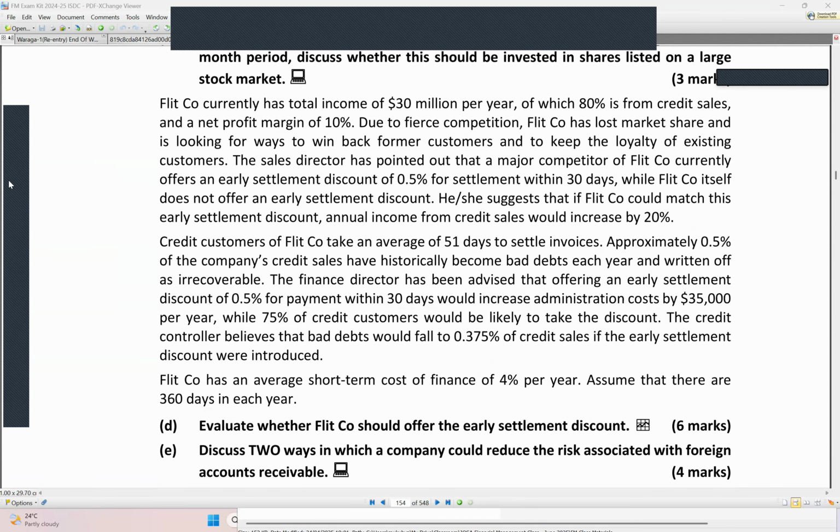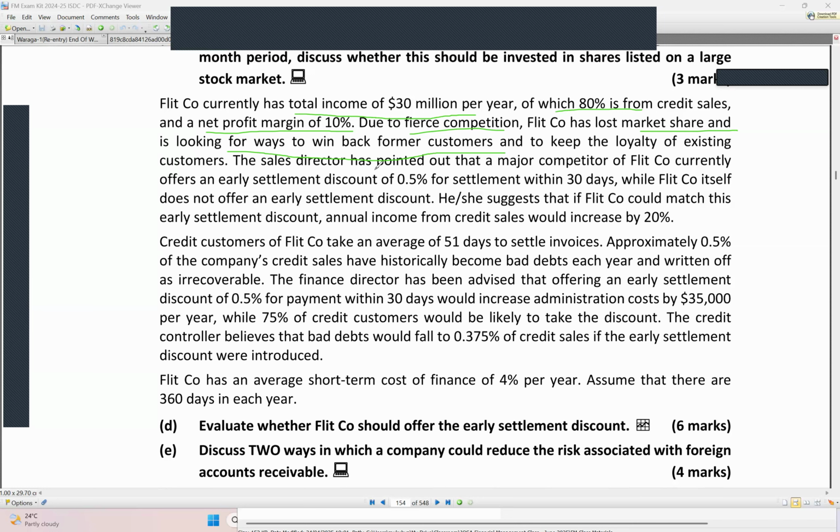But for part B, they are saying that we currently have total income of 30 million per year, 80% is from credit sales, and there's a net profit margin of 10%. Because of competition, we have lost market share, and we want to win back former customers.